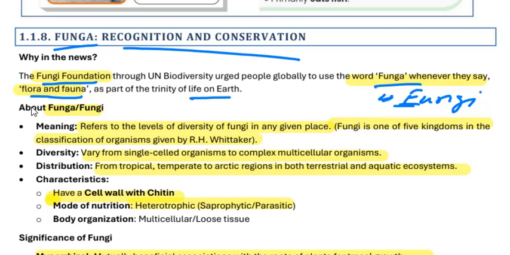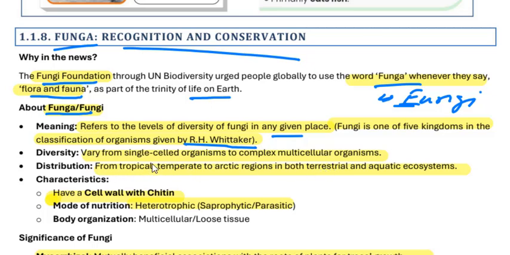So funga or fungi, the meaning given here refers to the level of diversity of the fungi in any given place. Fungi is one of the 5 kingdoms in the classification of organisms given by R.H. Whittaker, where it varies from single cell organisms to complex multicellular organisms. It means fungi are either unicellular or multicellular.